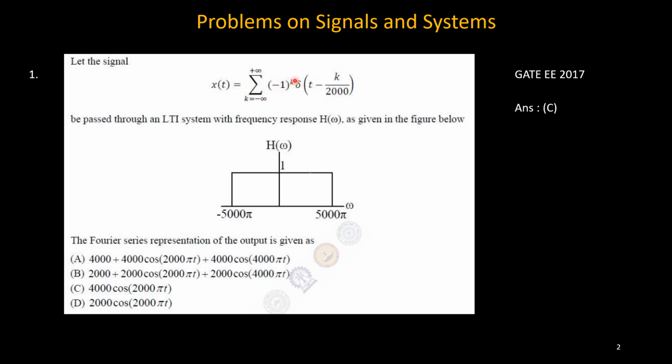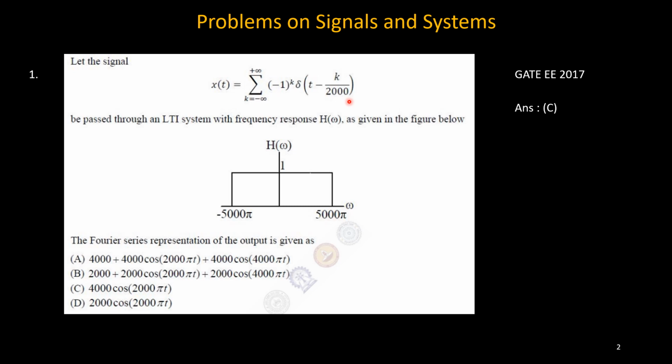With k equal to 0 it is 1, then k equal to 1 it is -1, then again +1, again -1, like that. So the amplitude is either multiplied by 1 or -1 with the impulse signal, and that impulse signal is at k/200, where k is an integer.